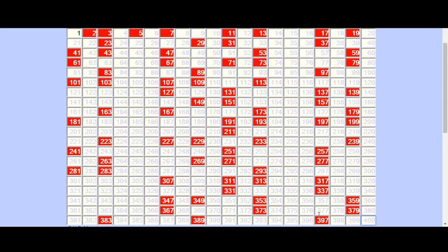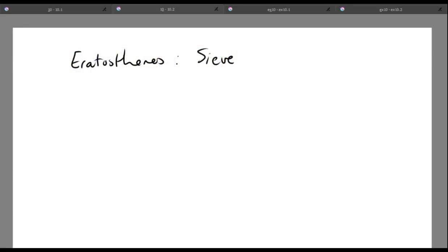Any multiple of 23 will already have been eliminated when I looked at the earlier prime numbers. And I'm left with all the prime numbers all the way up to 400. Even though I only checked up to 19, I get all the prime numbers up to 400. So that's quite a good return. I don't have to check everything, just up to a point. Well, now what is that point? Is the question. Well, let's go back and write some stuff down.